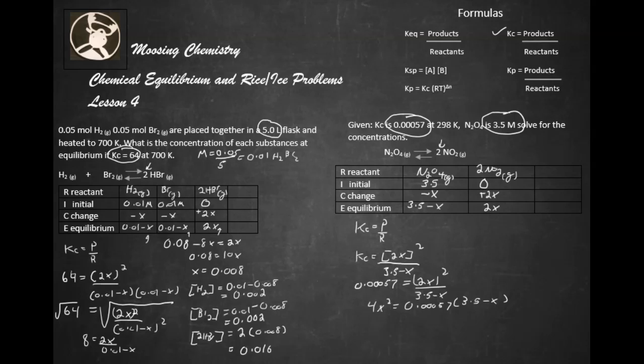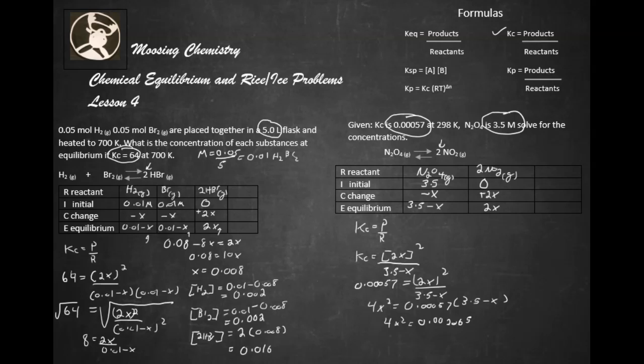By the time everything shakes out on this one, hang on for a second, let me look at my calculator here. You're going to get 4x squared equal to approximately 0.002065.